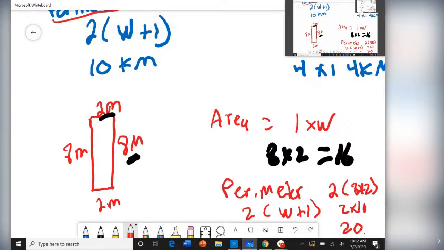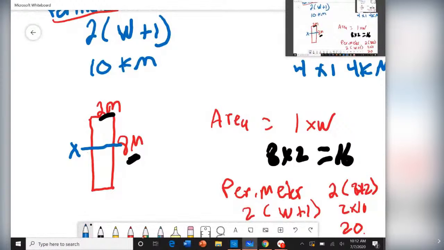And once again, you guys, on the homework, it only gave you this side and this side. So this one wasn't there and that one wasn't there. But basically, in a rectangle, this side over here, if I put an X there, is going to be the same as that.